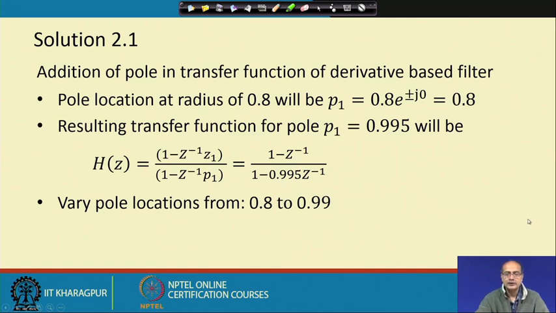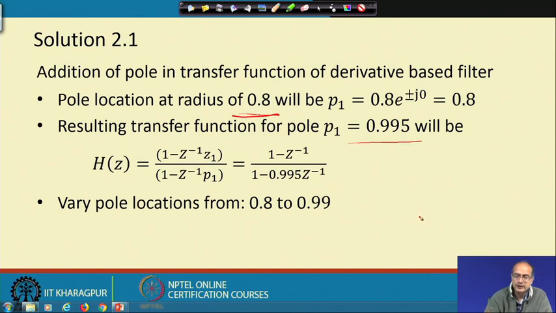Now, let us look at an improved version of this filter. We should use a pole, and we would like to vary the location of this pole starting from 0.9 up to 0.995, to see what the impact of the movement of the pole is on the transfer function.